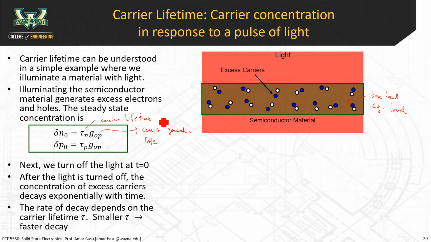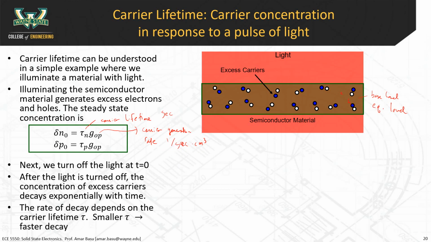The units for carrier lifetime are seconds. The carrier generation rate is 1/(seconds times centimeter cubed), because it's electrons per centimeter cubed per second.